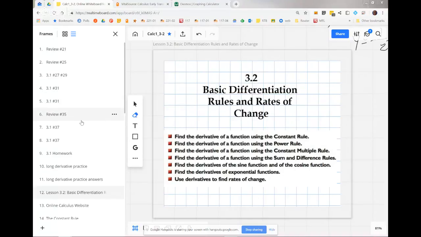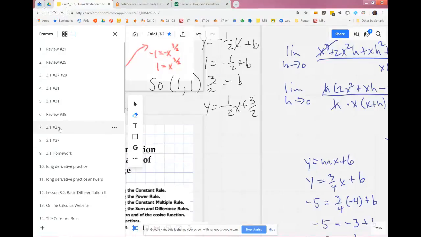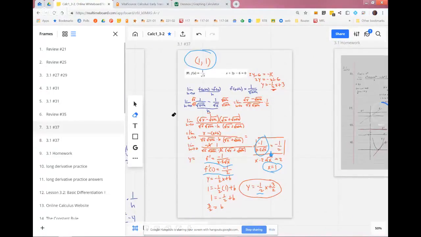Okay, so I'm going to show you that one. This is number 37. So we're just going through one question about the assignment for 3.1.